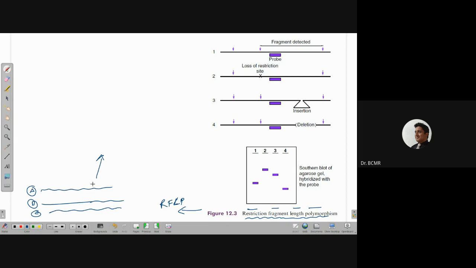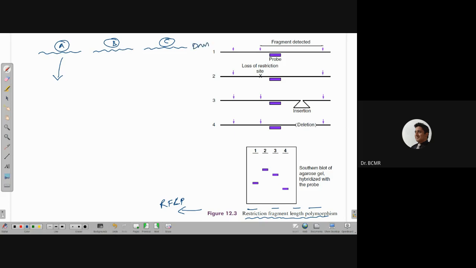I'll try to explain the word and the term RFLP, and then probably you'll understand it better. It's always important that we associate the name with the principle so that you will be able to remember easily. So these are all isolated from the same members of a species: sample A, sample B, and sample C.